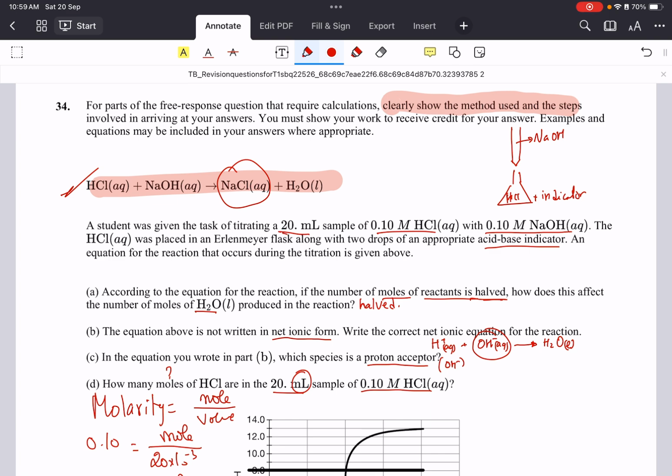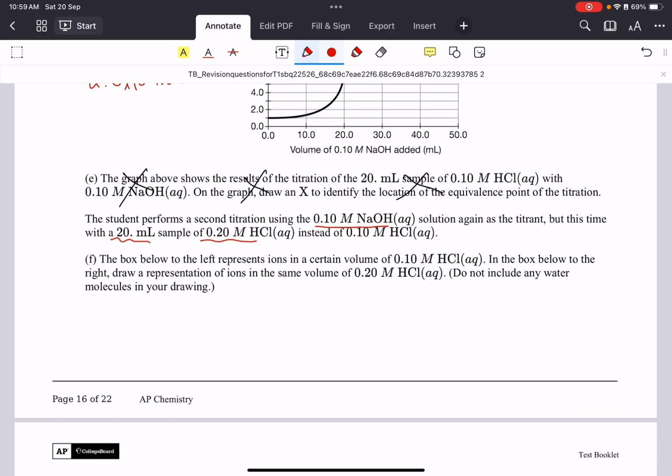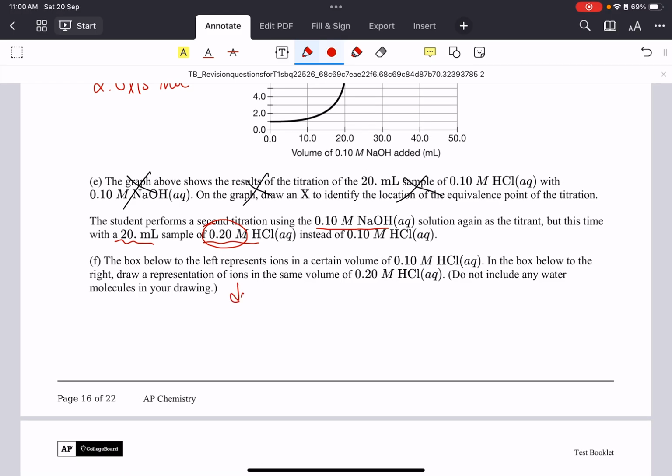We had 20 milliliters of HCl, but the concentration was 0.10. Now I have the same amount, but at a higher concentration instead of 0.1. So we doubled the quantity of HCl that we started with.